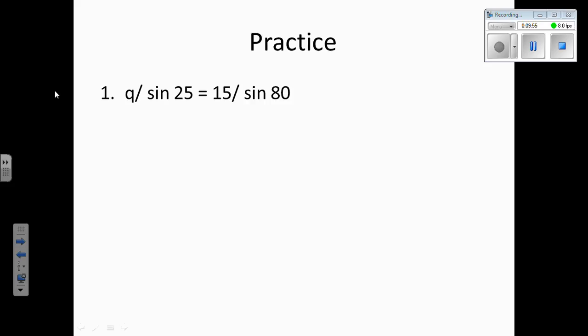So let's try one of the practice ones. We have Q divided by sine 25 is equal to 15 over sine 80. We just have to make sure that our sides match. It also wants you to sketch a triangle.